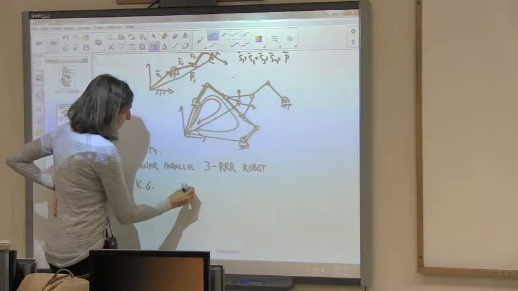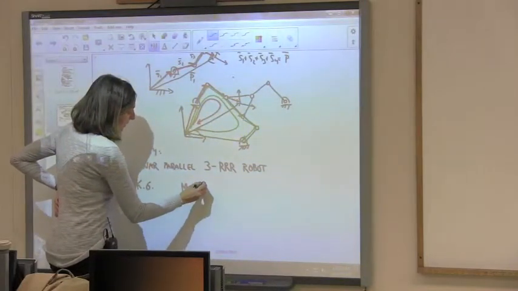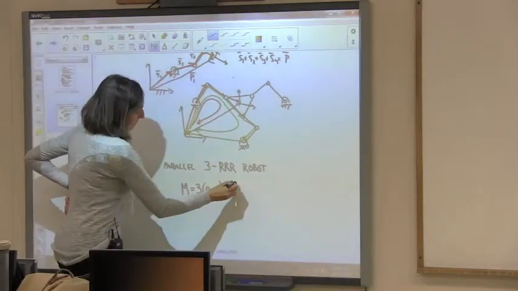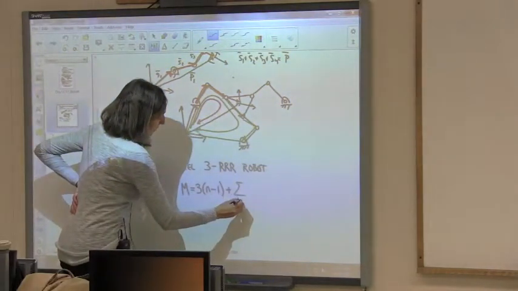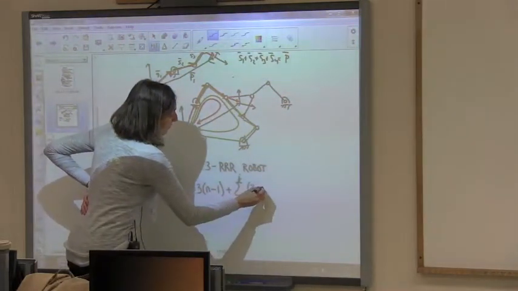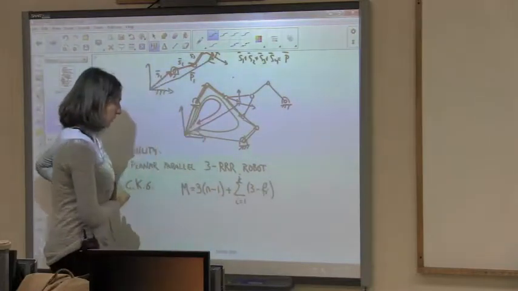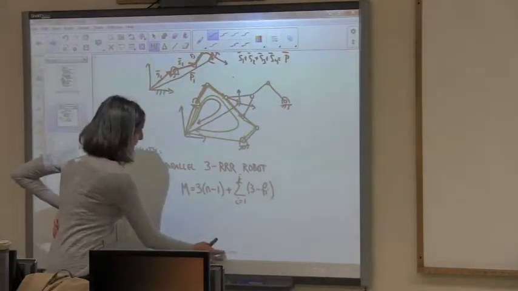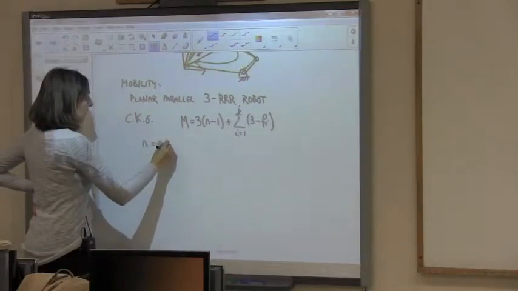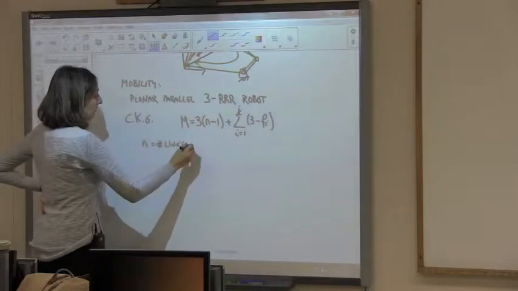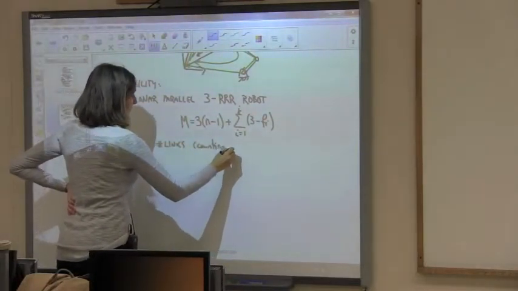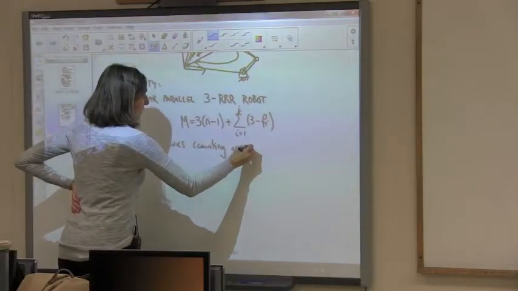You say the mobility, or the degrees of freedom, will be 3 times the number of links minus 1, plus the sum from i equal 1 to the number of joints j of 3 minus the degree of freedom of each joint. You have this formula in the notes, but let me just write what everything is. n is the number of links, counting the ground, which means the attachment.